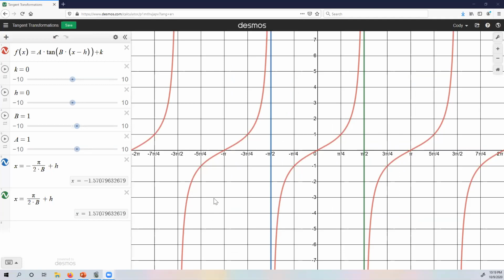So hopefully now you can see an app that I've created on Desmos that shows us a graph of the tangent function. So you'll see here in the middle, we have that kind of cubic looking shape that we had before. And then you'll see that this green line here and this blue line here, those are our vertical asymptotes.